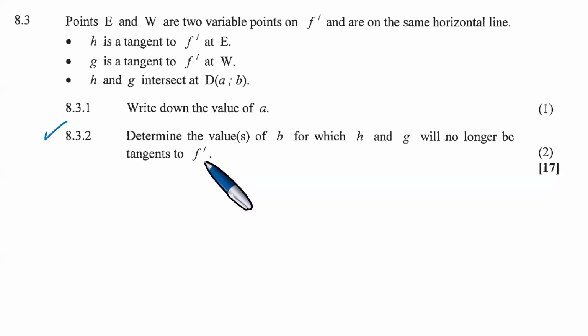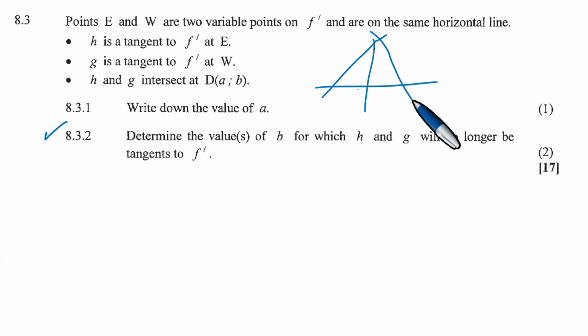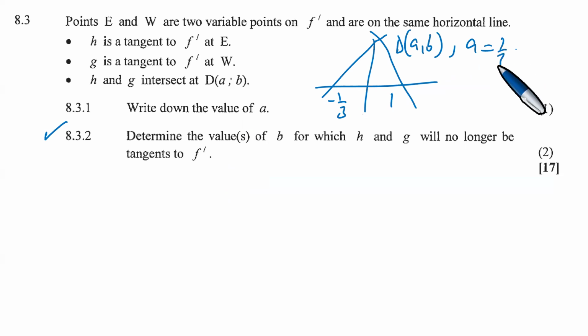Because if there are tangents there, you had this and that, minus 1/3, 1, D with the coordinates (A, B), and we saw that A is 1/3. So if they are no longer tangents to F prime, what do we do?